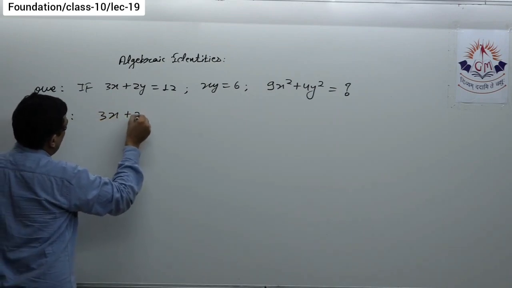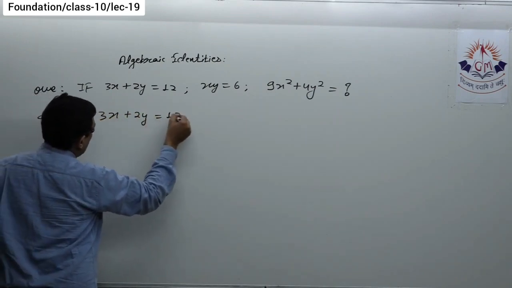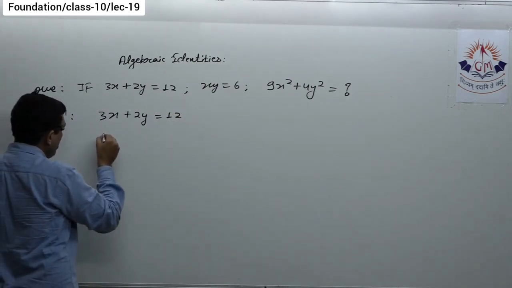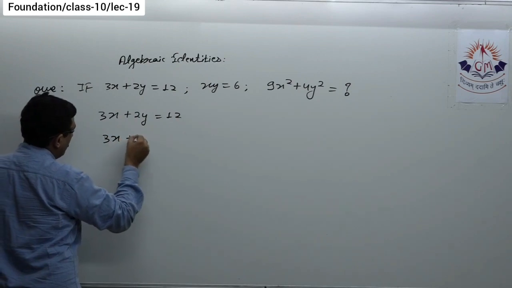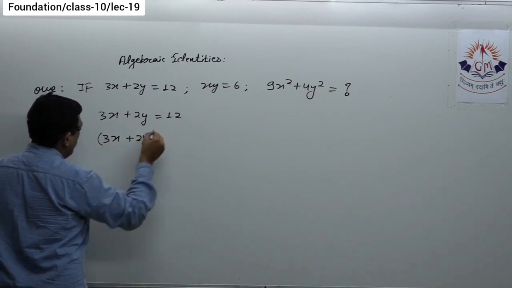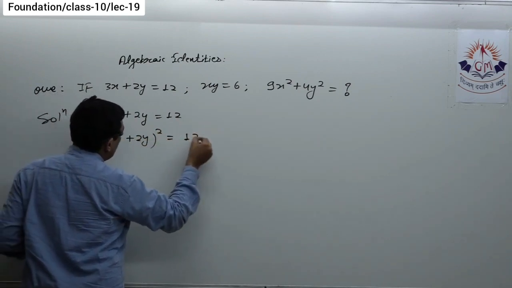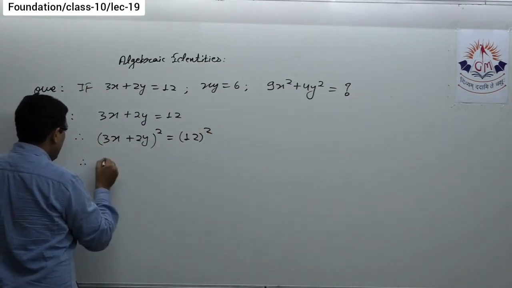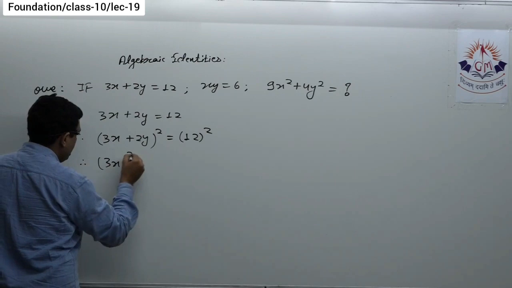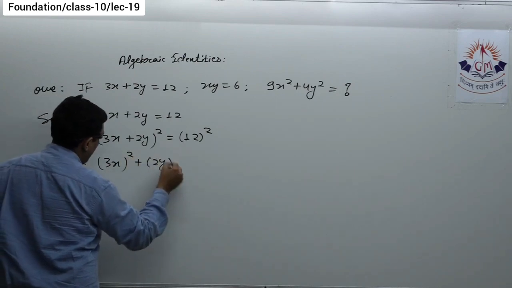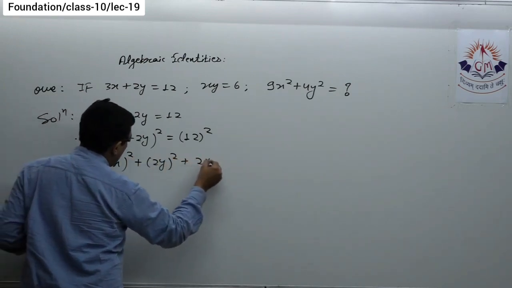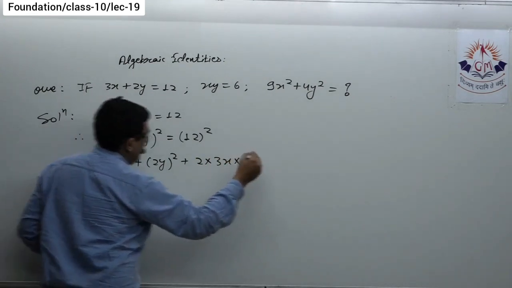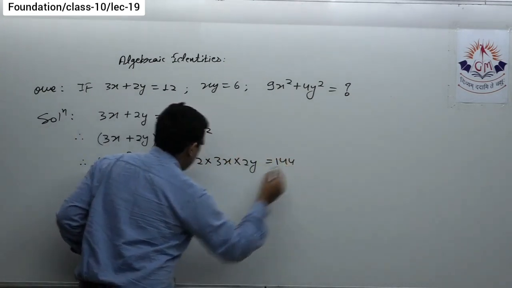3x plus 2y is equal to 12. Now we'll take the square of both sides. So this will become 3x plus 2y whole square is equal to 12 square. This gives you a square plus b square plus 2 into a into b is equal to 144.